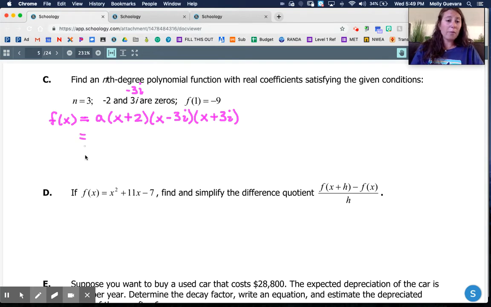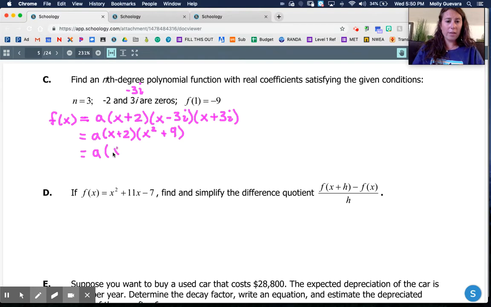However, I'm going to go ahead and ignore that a value for right now, and I'm going to start multiplying this out. Okay, multiplying complex conjugates, you square the first term, so that's just x squared, and then plus square your b, which in this case is 9. So I've multiplied those two together. That should be pretty quick. And then now I'm going to go ahead and distribute.